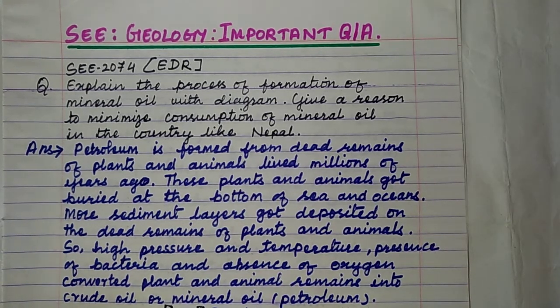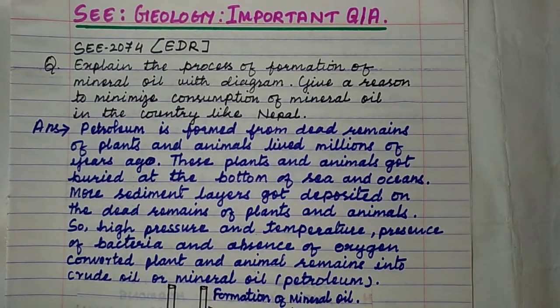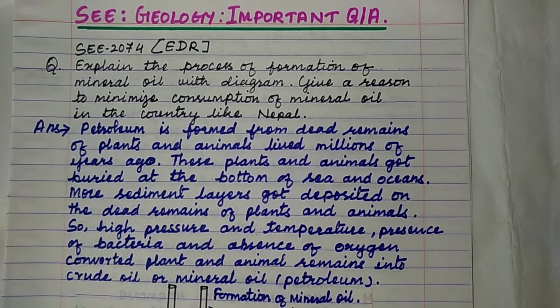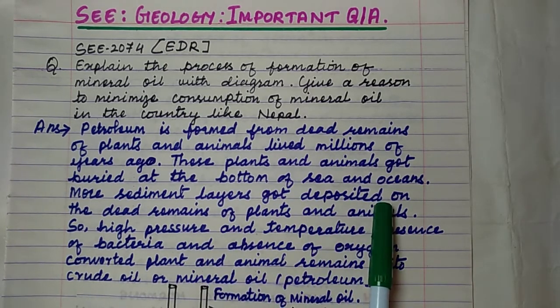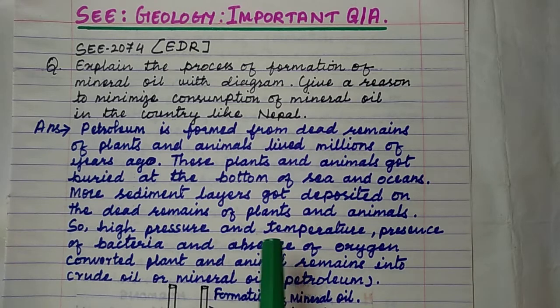So the dead remains of plants and animals, mainly marine plants and animals, got deposited at the bottom of seas and the oceans, and these dead remains got covered by sediments. Sediment layer means mud, sand, silt, etc. And more sediment layers got deposited on top of those dead remains.